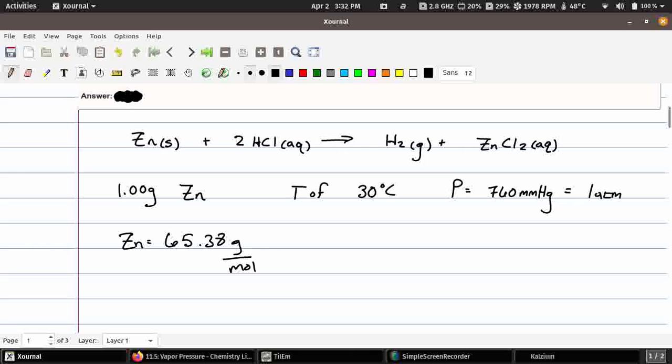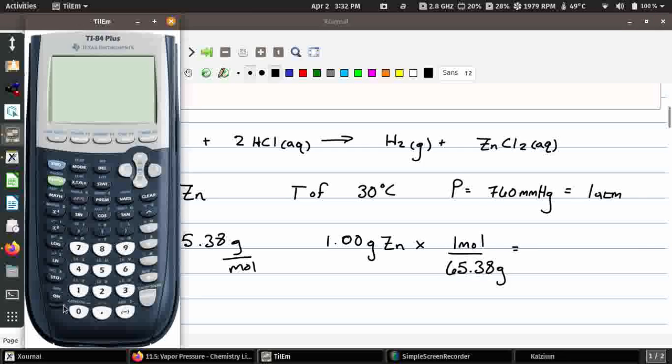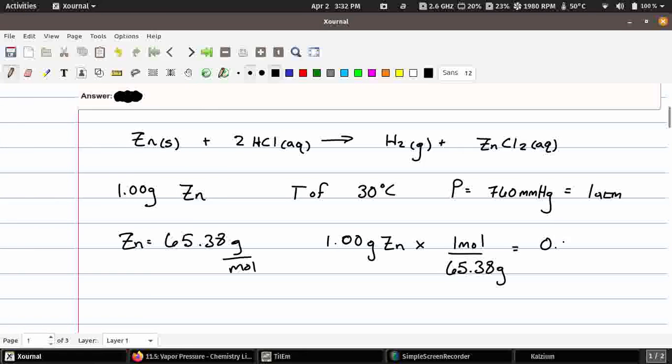So we have 1.00 grams of zinc times 1 mole over 65.38 grams. Let's do this in the calculator just so we get an exact answer. So you're going to have about 0.0153 moles of zinc.